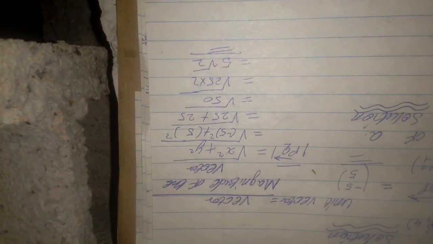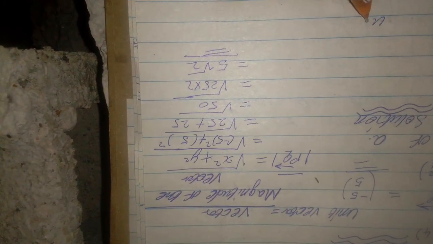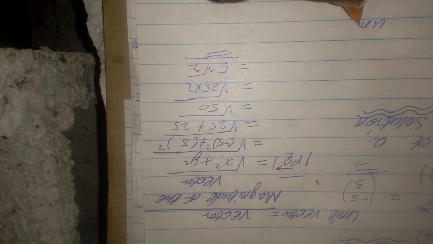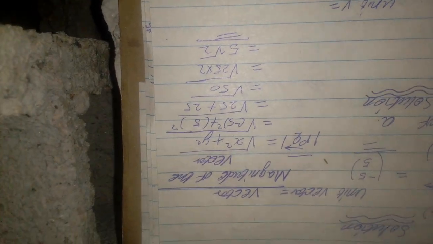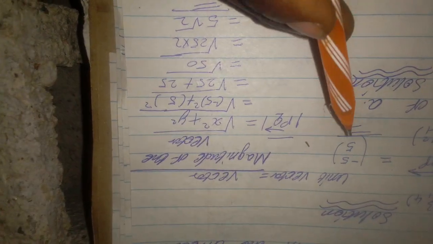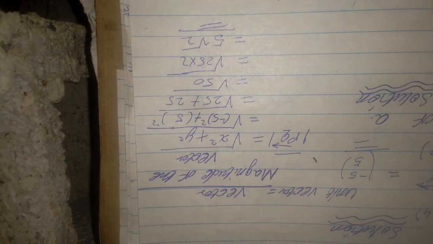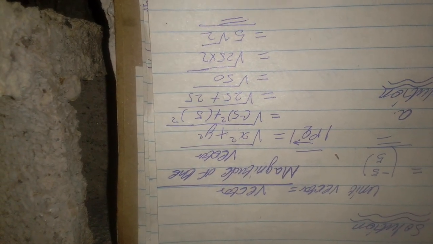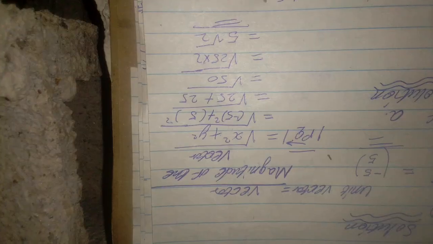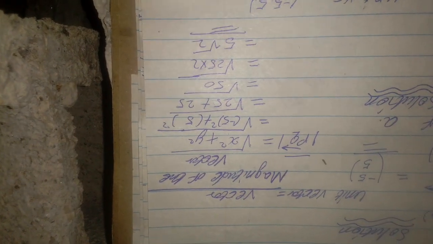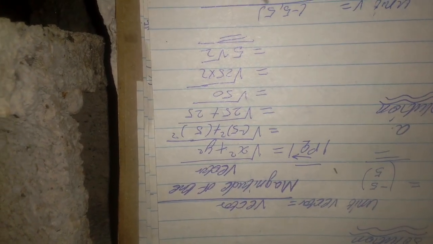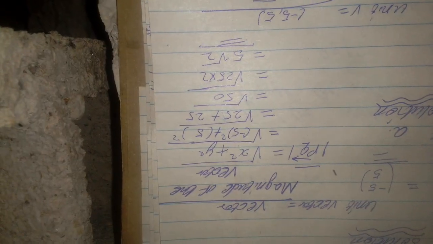So to write it properly, the unit vector is equal to our vector, which we found, divided by the magnitude.